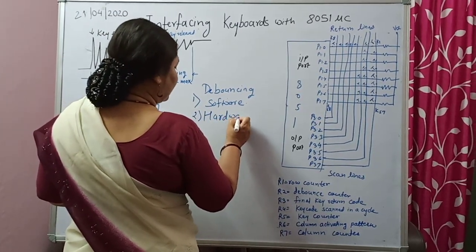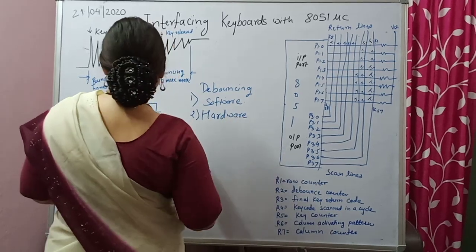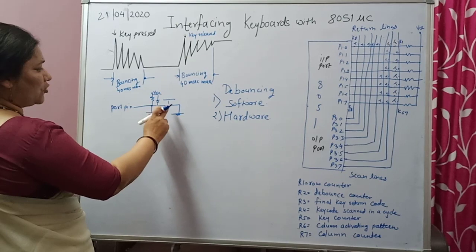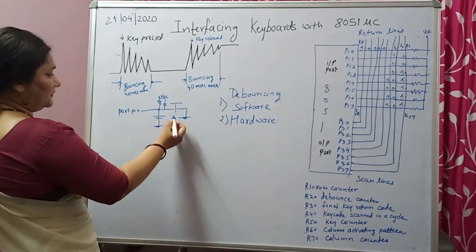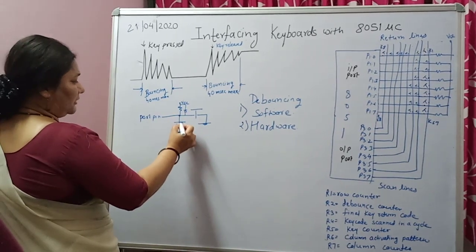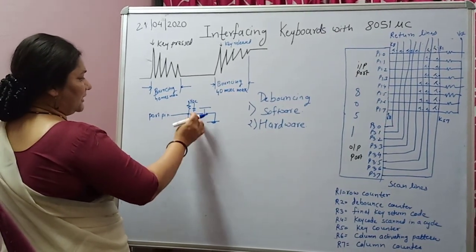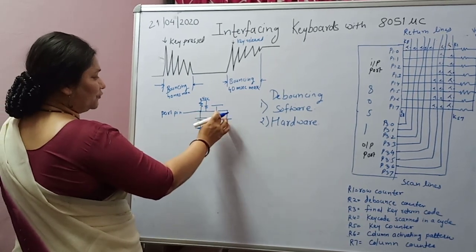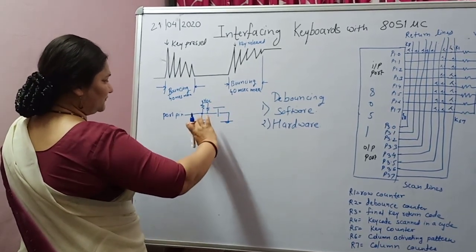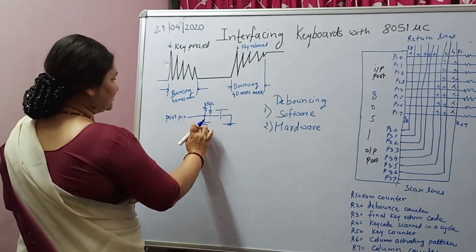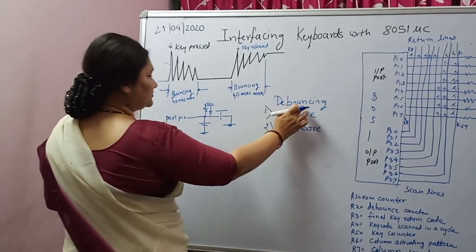If you are not writing any software routine, then at the port pin where you want to connect the key, you have to put resistors along with a capacitor, and for safety purposes we put a diode over here. When you press the key, because of this resistor-capacitor combination, the timing is set such that it comes to the debouncing period.